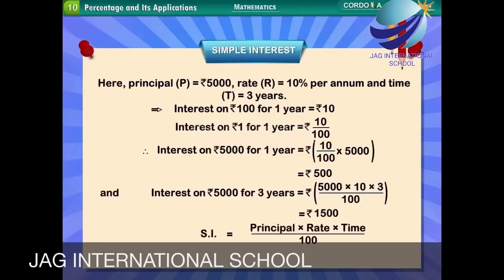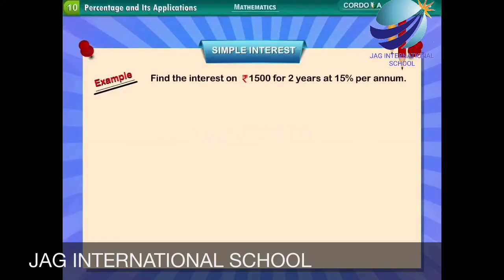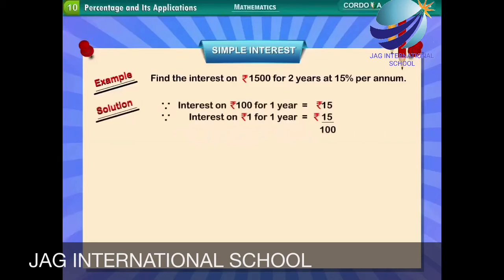Thus, we see that SI = principal × rate × time/100. That is, SI = P × R × T/100. Example: find the interest on rupees 1,500 for 2 years at 15% per annum. Solution: since interest on rupees 100 for 1 year is rupees 15, interest on rupees 1 for 1 year is rupees 15/100.